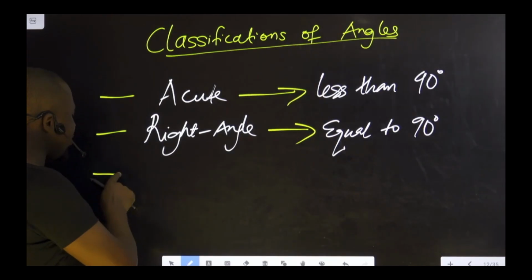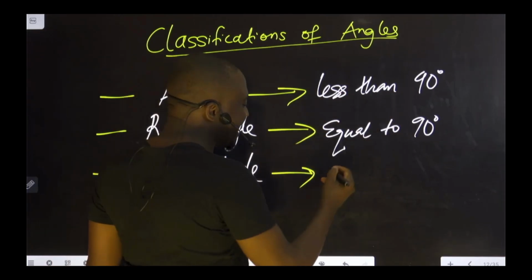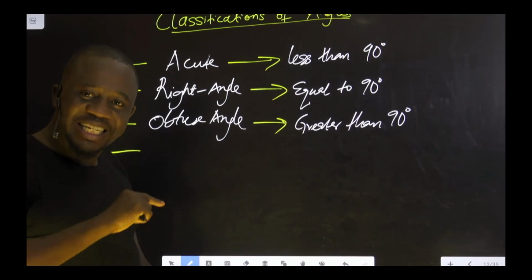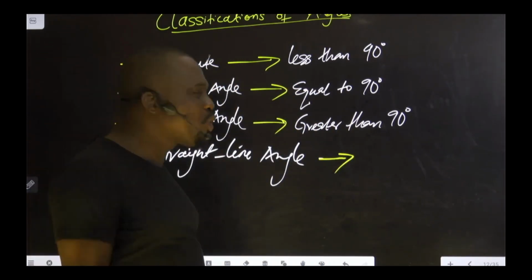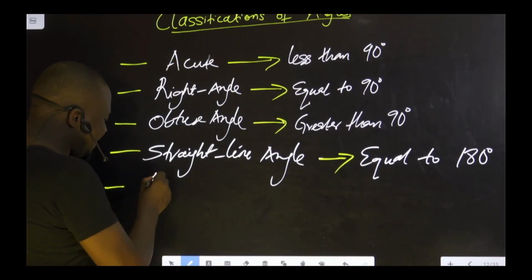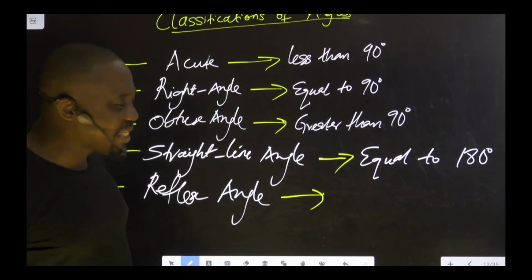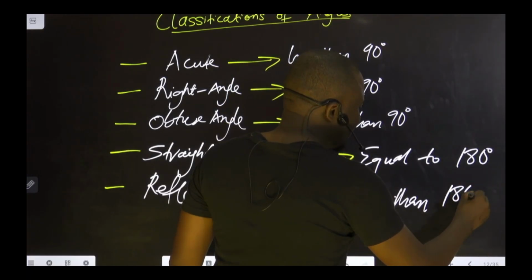We also have the obtuse angle. These are angles that are greater than 90 degrees. We also have the straight line angle. These are angles that are equal to 180 degrees. Then we also have the reflex angle. These are angles that are greater than 180 degrees.